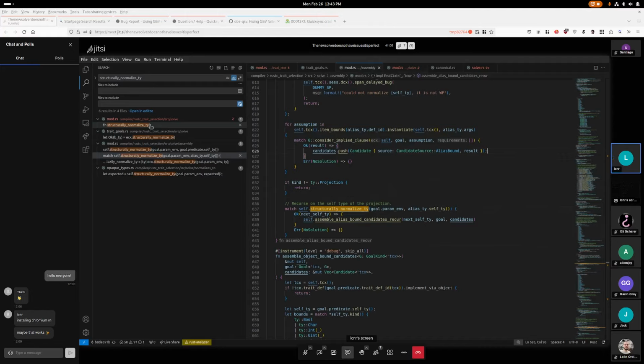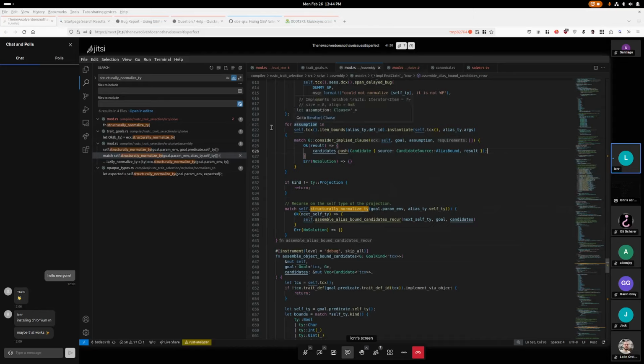So if you have a vector of an associated type, structurally normalize does not normalize the inner associated type because we only match on the vector itself. And then if we were to recurse into the fields of the vector, or more likely for built-in traits, if the trait is implemented for a tuple, structurally normalize first checks if the tuple is not an associated type, and then we have the nested goals where we look at the inner types, and then we structurally normalize those. But we don't eagerly recurse into the type when structurally normalizing.